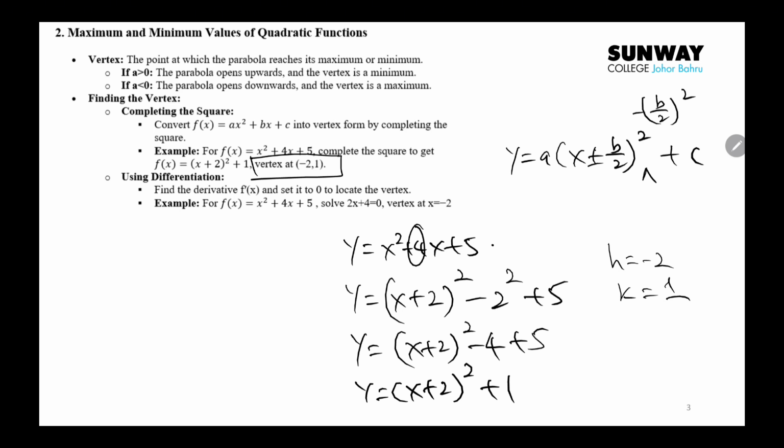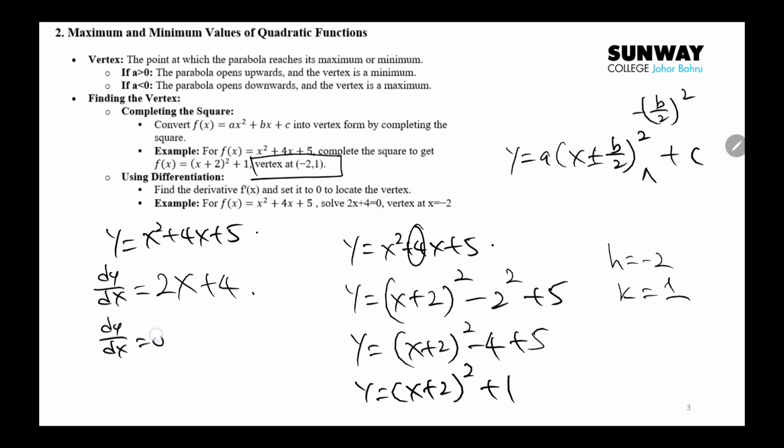You can also use differentiation. For example, y equals x squared plus 4x plus 5. You differentiate it, dy/dx, and it gets 2x plus 4. You can make this dy/dx equal to 0, because at the turning point, the gradient is always 0, be it the maximum point or the minimum point, it works the same.